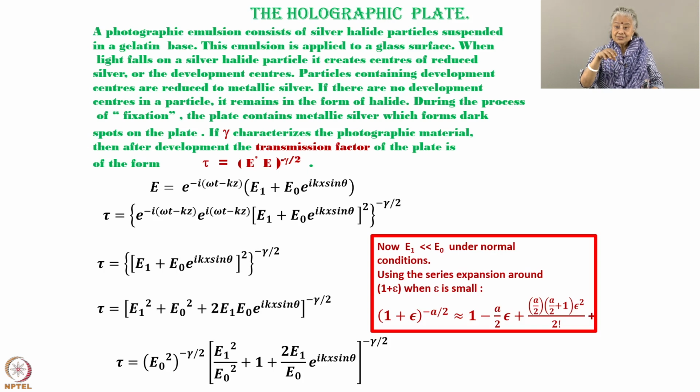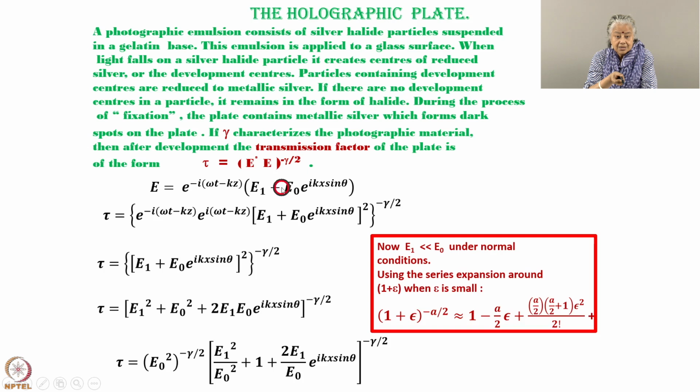The light falling on the silver halide is undulating, or has a certain intensity pattern, and depending on that intensity pattern, your silver halide will become silver or remain as silver halide. Where there is light, it will become silver. Where there is no light, silver halide will remain as silver halide. So this part is called fixation, basically a way of recording your pattern.